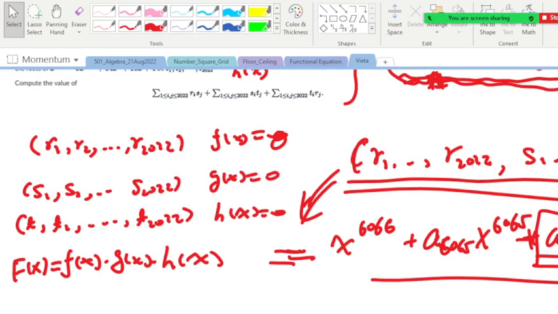Okay, but think about it. The coefficient a of x to the 6064 contains the sum over i, j of the r_i s_j, then the sum over i, j of the s_i t_j, then the sum over i, j of the t_i r_j. Plus, what? Plus the sum over i less than j of s_i s_j, right? Wait, is this equal here?